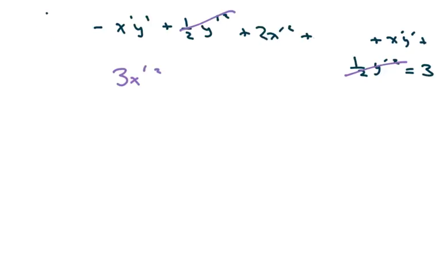There's 2 of them. 1/2 x prime squared and 1/2 x prime squared. So I have 2 and 2 1/2. It's going to be 3 of those. And then I have minus y prime squared.